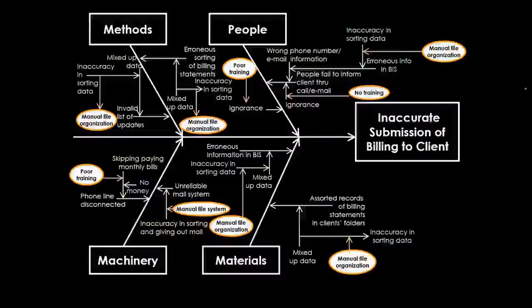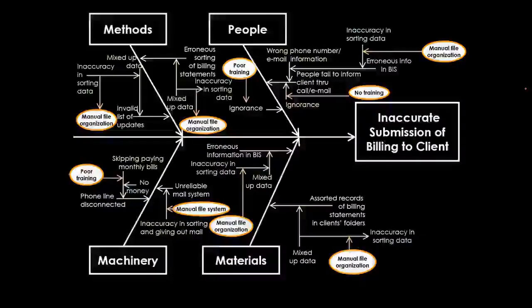The third one is erroneous information in business information systems, then unreliable mail systems, and associated records of billing statements in clients' folders.